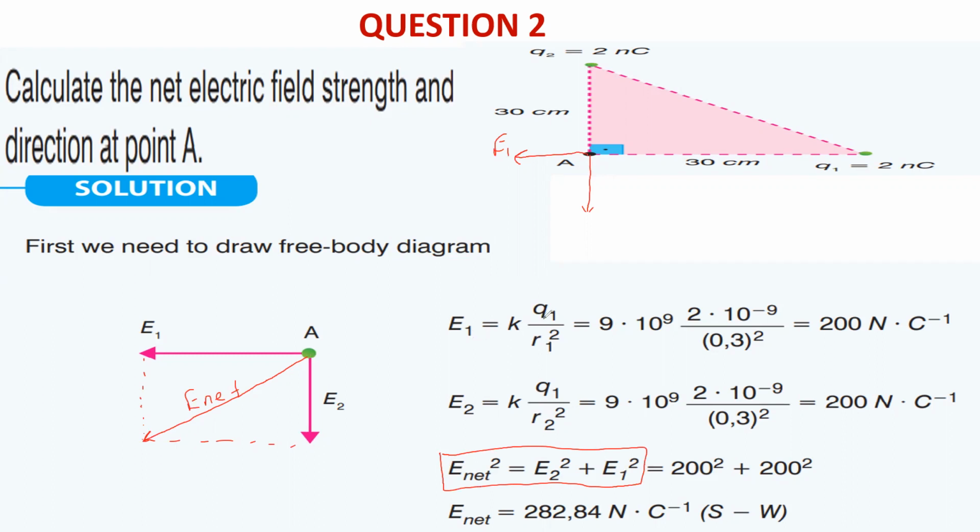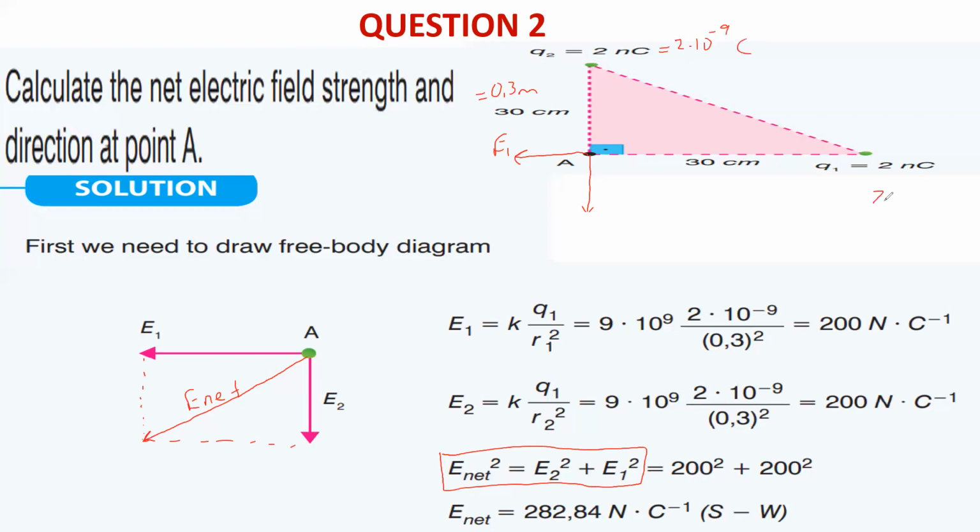E1 is equal to K times Q1 over R1 squared. K is 9 times 10 to the power of 9. Q1 is 2 times 10 to the power of negative 9, and R is 0.3. As you see, we are converting units. Please don't forget to convert the unit from centimeter to meter, 0.3 meters. The unit of charge is always coulombs, so 2 times 10 to the power of negative 9 coulombs.